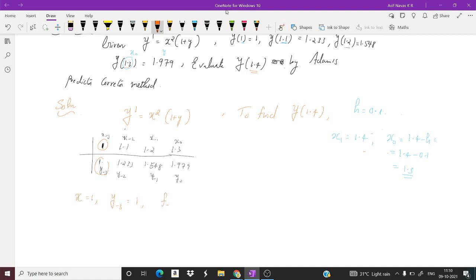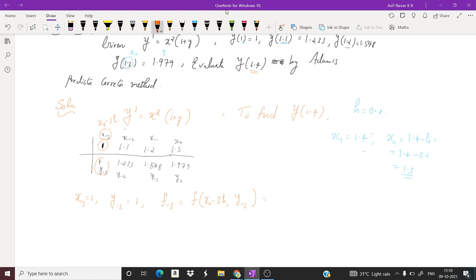Therefore f minus 3 is f of x naught minus 3h, y minus 3.